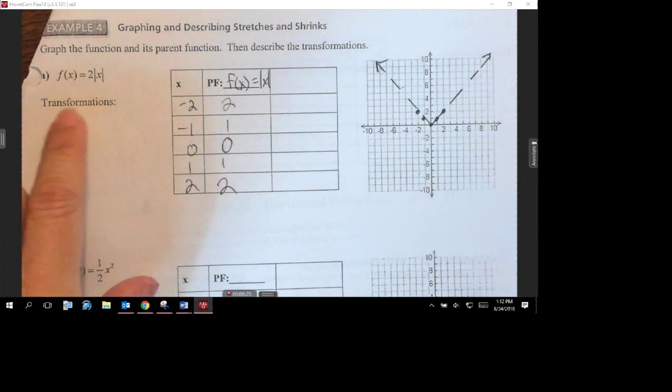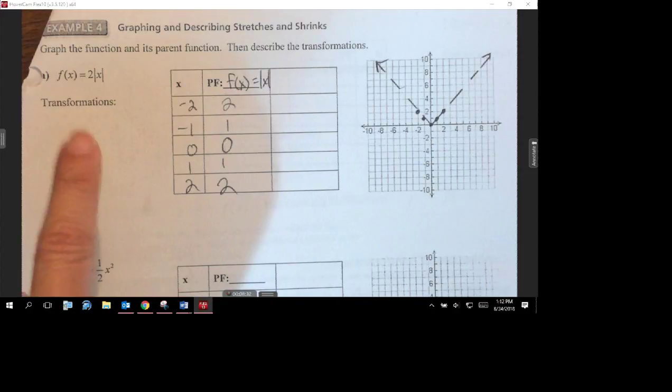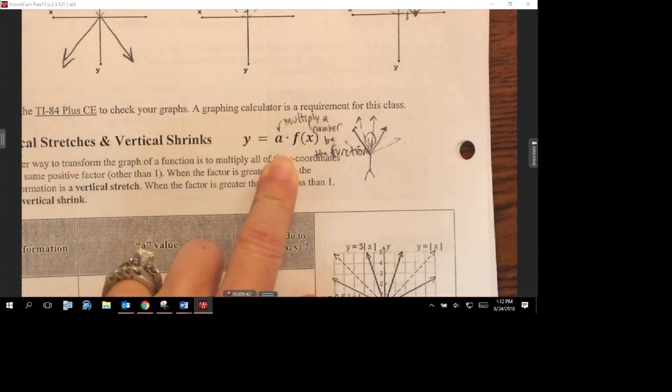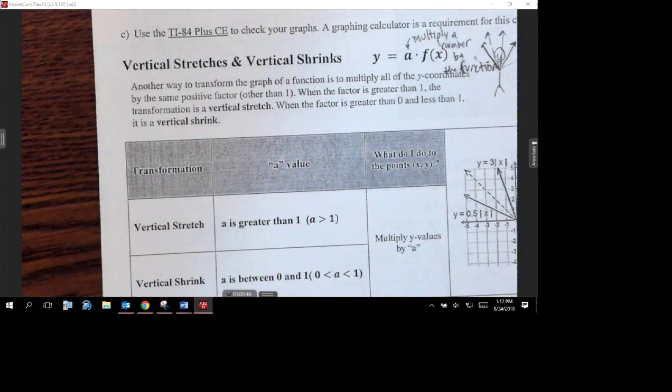Then we have to do the new function. So the new function has a 2 outside. What operation is that with the 2 and the absolute value? It's multiplication. So if it's multiplication, then it's going to be a stretch or a shrink. So is the number 2 greater than 1 or between 0 and 1?